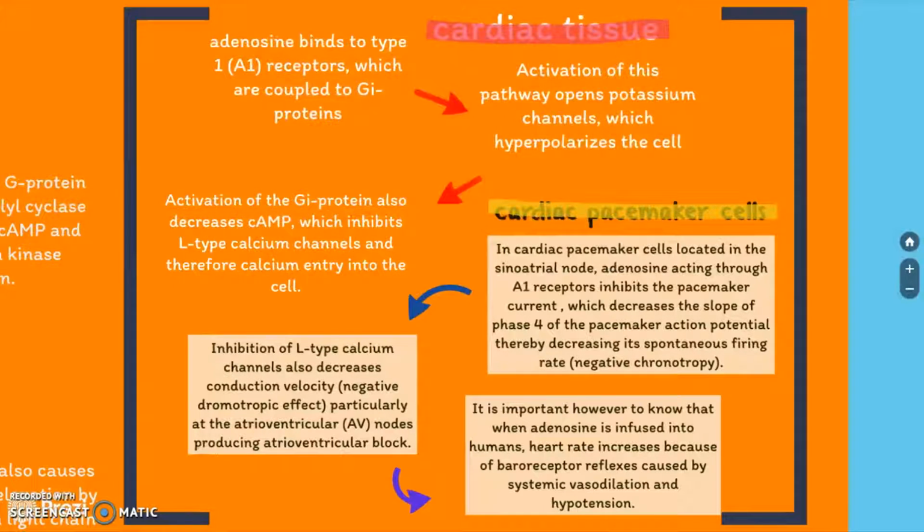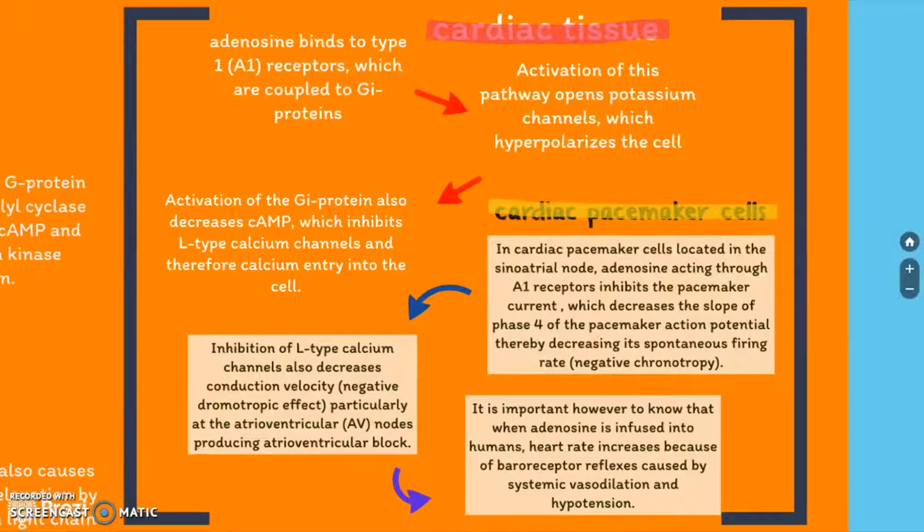current, which decreases the slope of phase 4 of the pacemaker action potential, thereby decreasing its spontaneous firing rate. Negative chronotropy. Inhibition of the L-type calcium channels also decreases the conduction velocity, a negative dromotropic effect, particularly at the atrioventricular node, producing atrioventricular block.